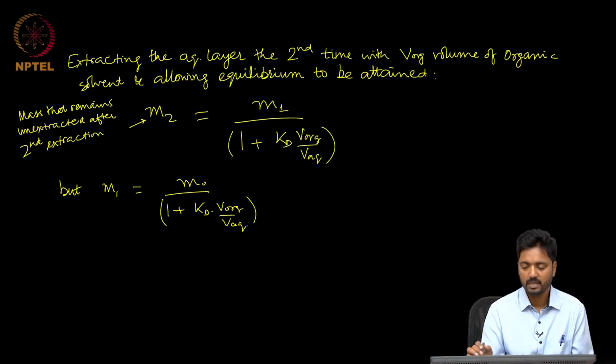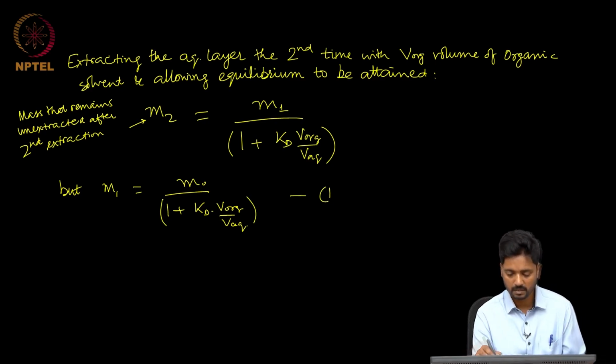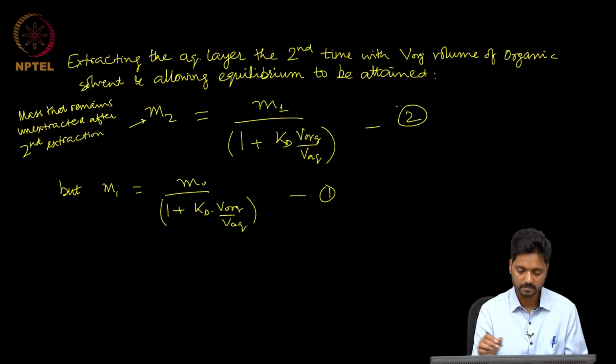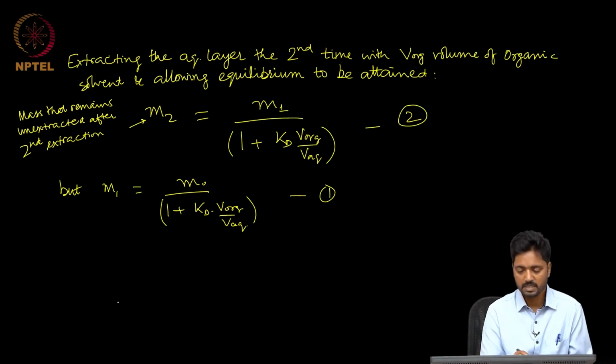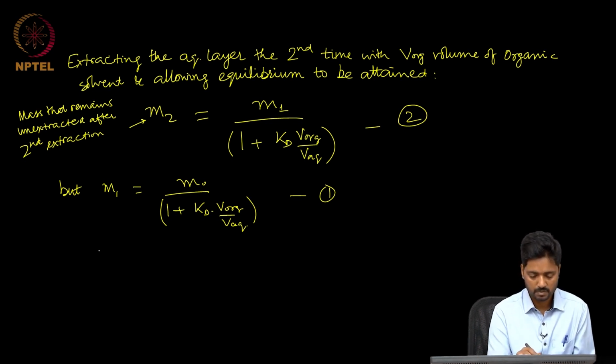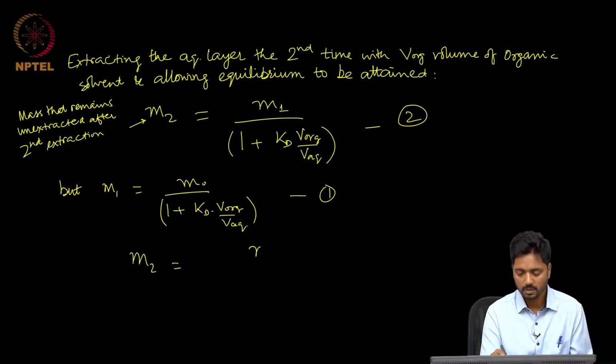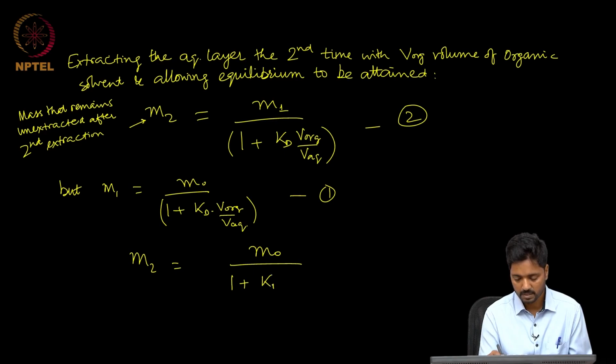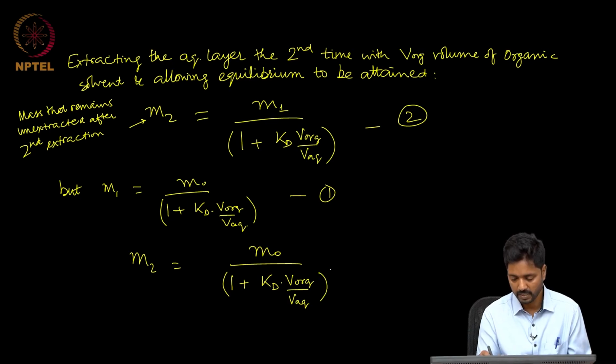So, when we insert this value of m1 into equation 2, we get m2 is equal to m naught by 1 plus Kd V org by V aqueous, squared.